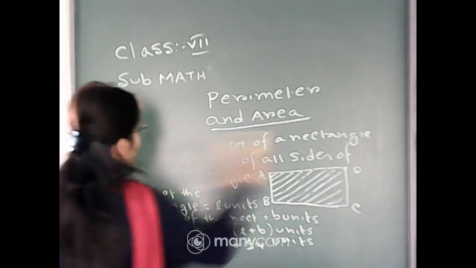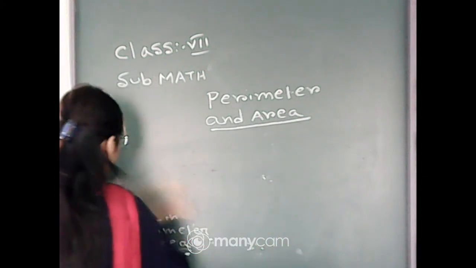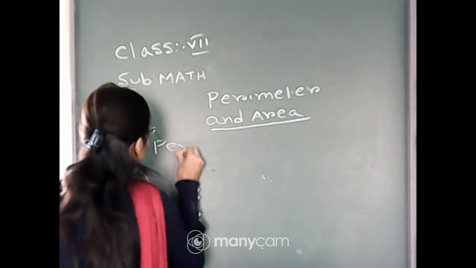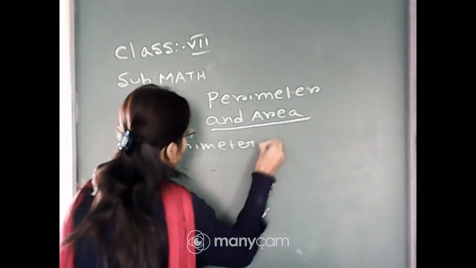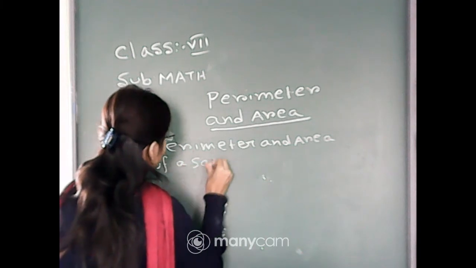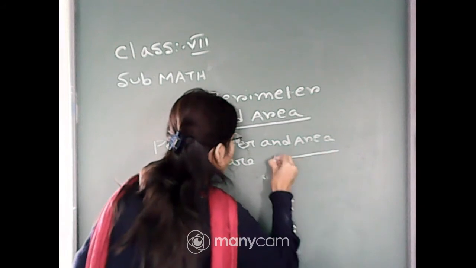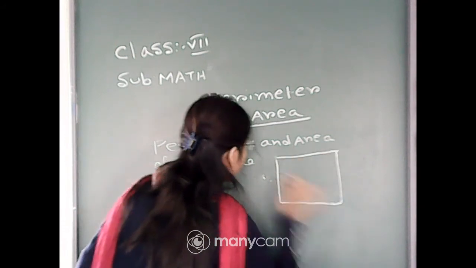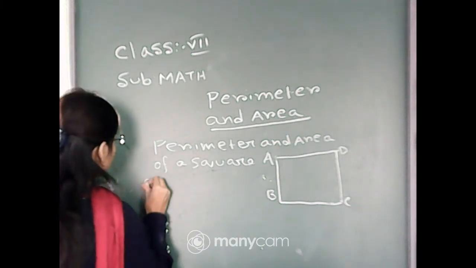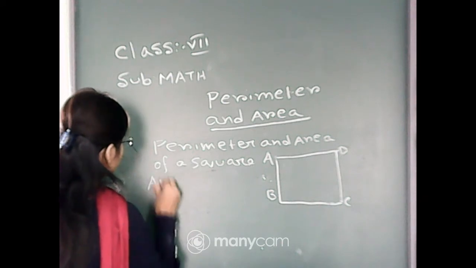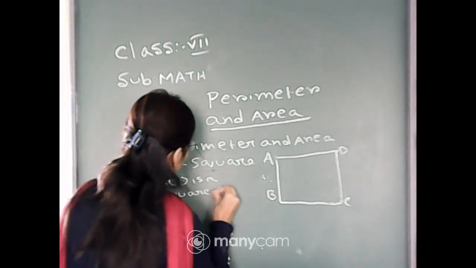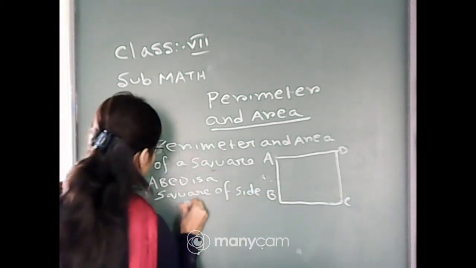Next, perimeter and area of a square. Here ABCD is a square of each side a unit.